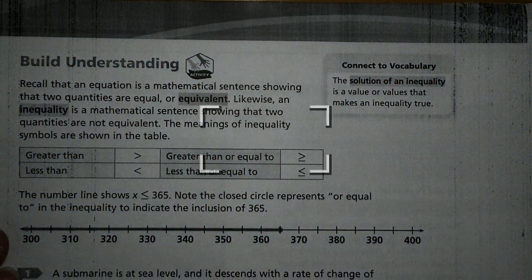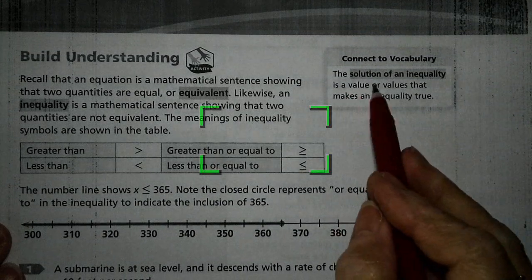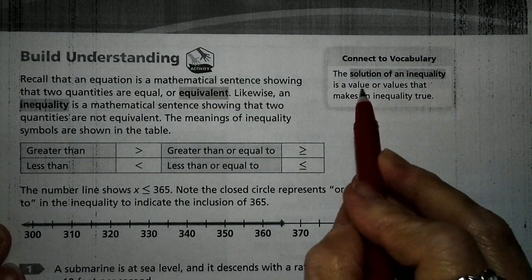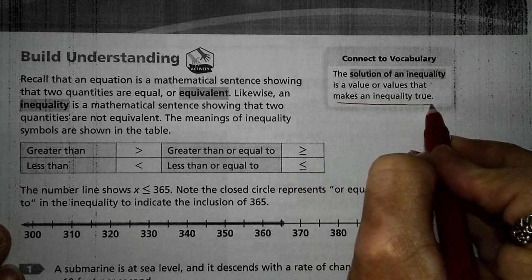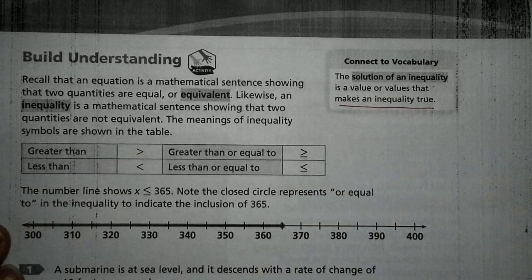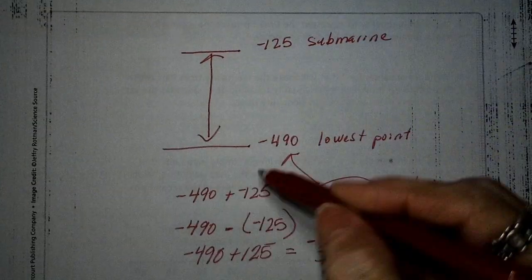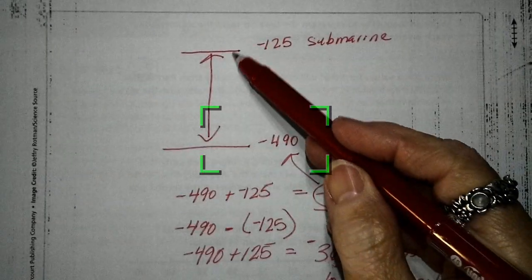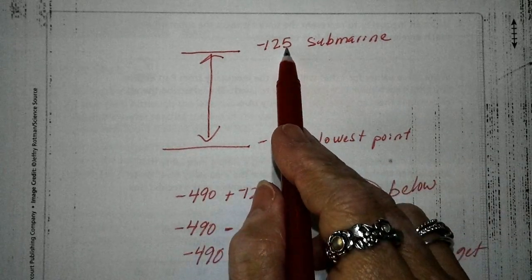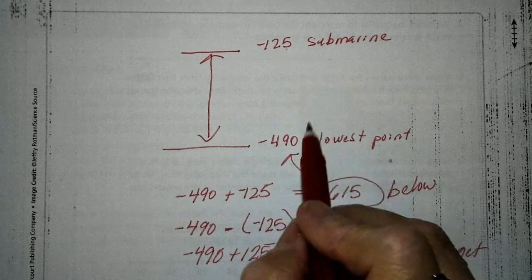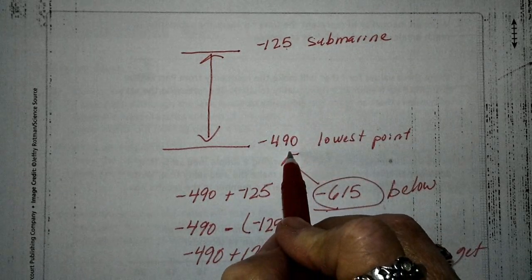All right, so let's look at the build understanding. It says a solution of an inequality is the value or values that make the inequality true. So if you notice, this answer here would have a lot of answers because the submarine can go from 125 all the way to 490.